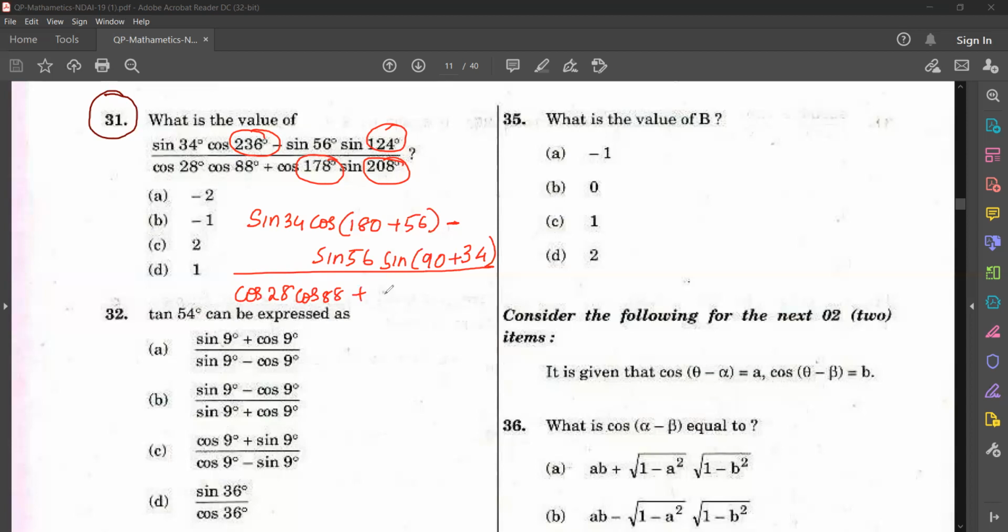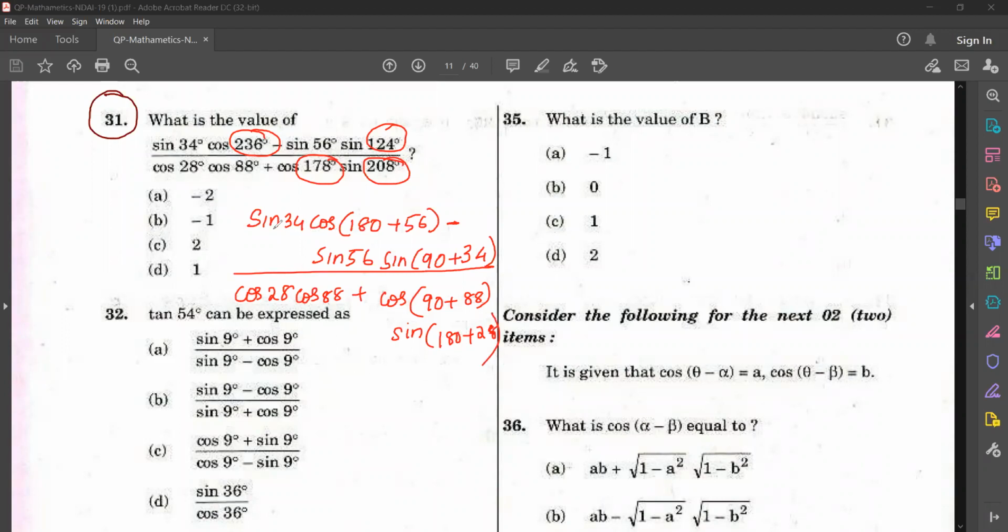Plus cos 178. 178 I'm going to write as 90 plus 88. Sin 208 I can write as 180 plus 28, sorry, that is 180 plus 28, isn't it?